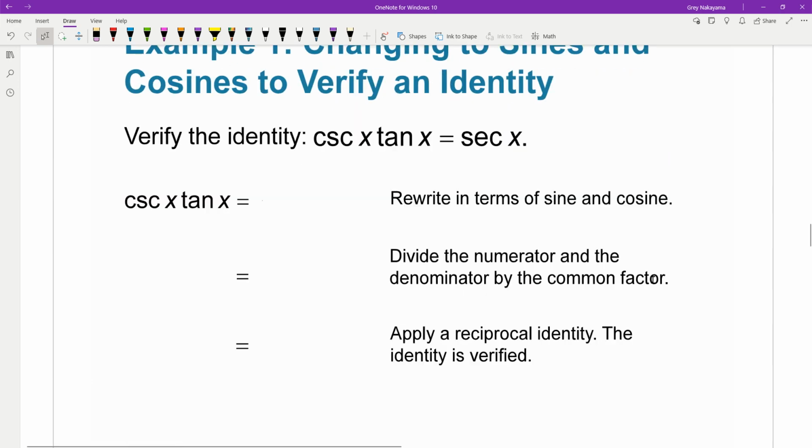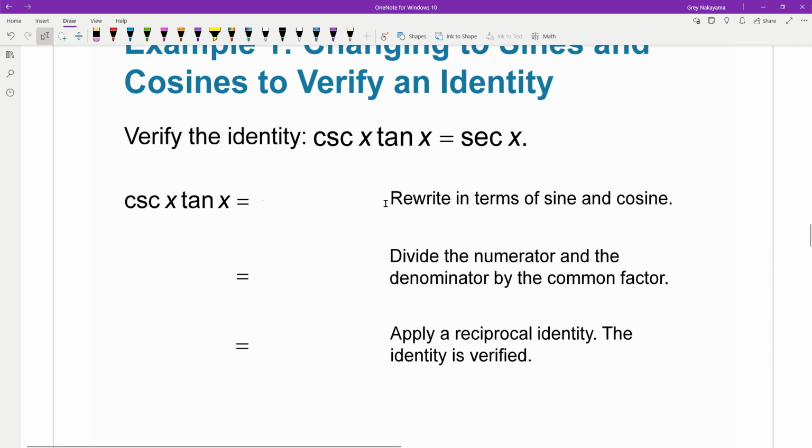So look at this first example. I've got 5 to do. We have to verify the identity, and they go ahead and show you which side we're working down, so you don't have to pick. This right here is going to be a multiple choice. You're going to click on the box, and this is where I would encourage you to start, and decide which of these fits.